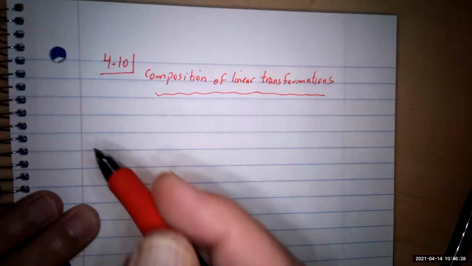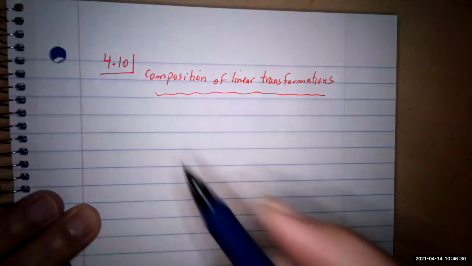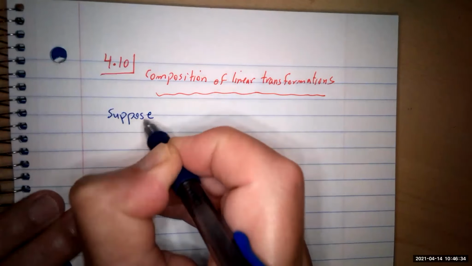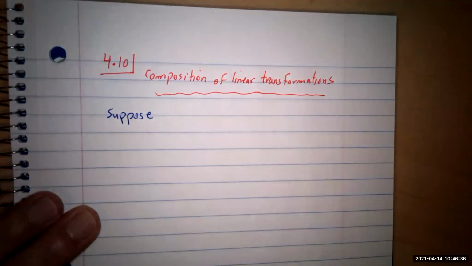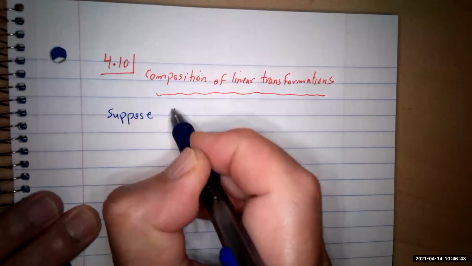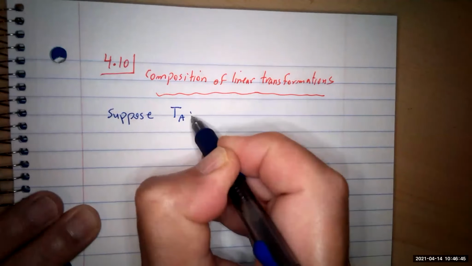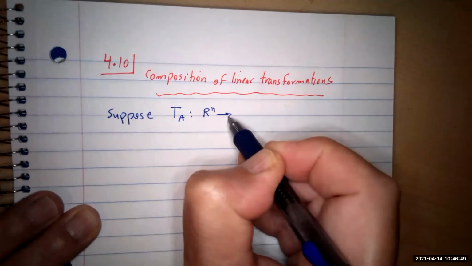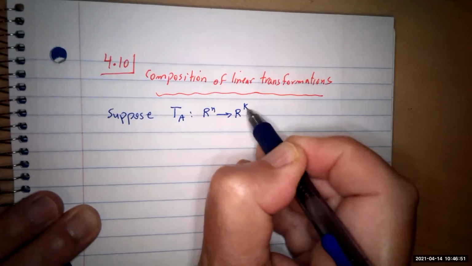So what we're going to do is define it. Suppose now you know that each linear transformation can be defined by a matrix, so we're going to consider those special ones only. Suppose that T sub A is a linear transformation from Rn to Rk. That's one.